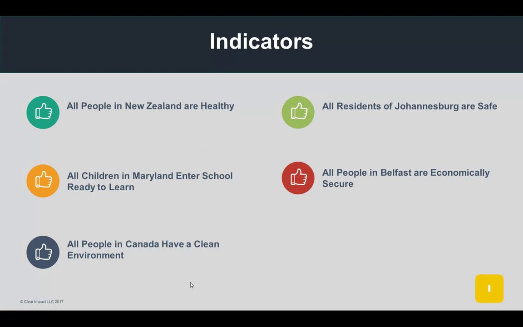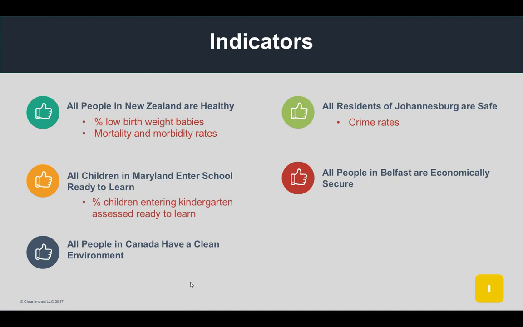Indicators. All right. Here we have examples of health indicators. All people in New Zealand are healthy based on the percent of low birth weight babies or mortality and morbidity rates. Safety indicators are defined through crime rates in Johannesburg. A school readiness indicator could be based on an assessment tool.